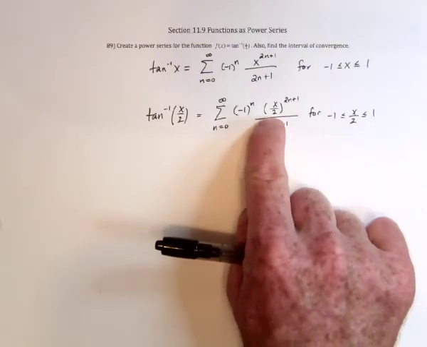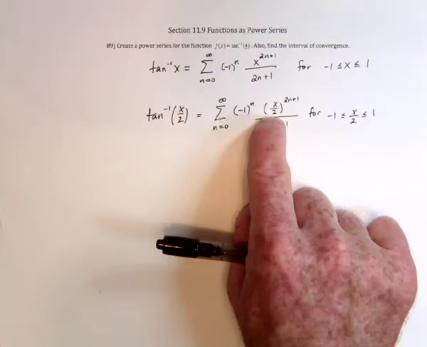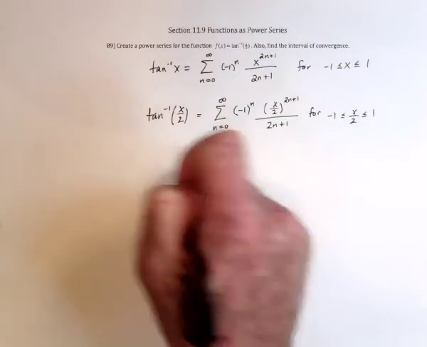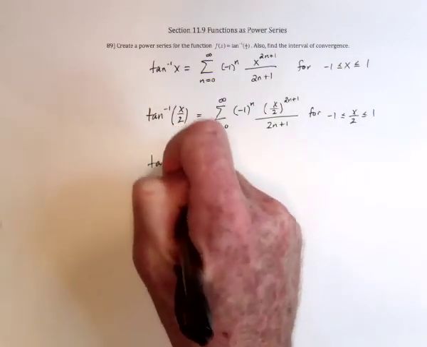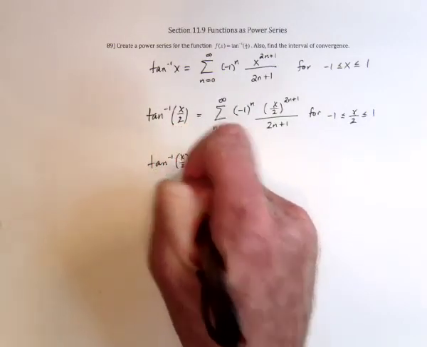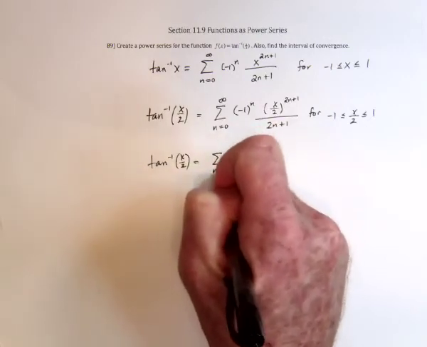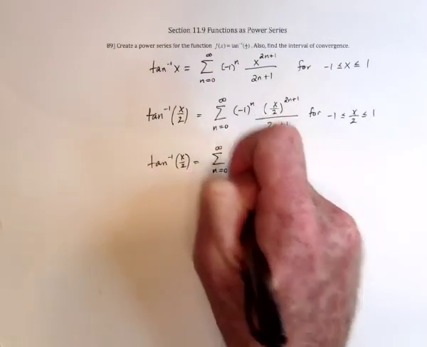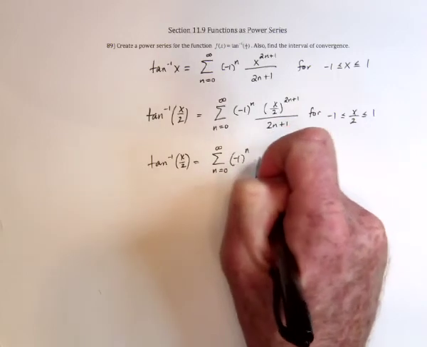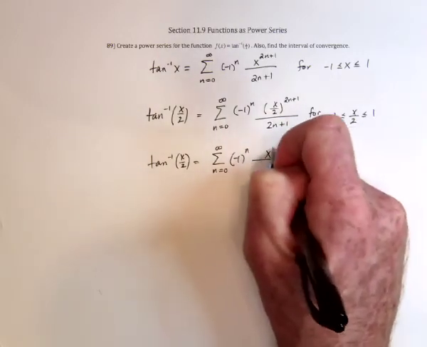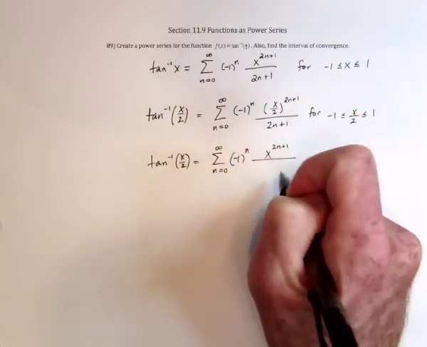So the 2 is going to be raised to 2n plus 1, and it's going to be in the denominator. So we could clean this up a little bit. It's going to be the series with x to the 2n plus 1 on top.